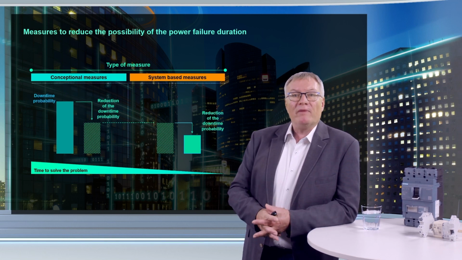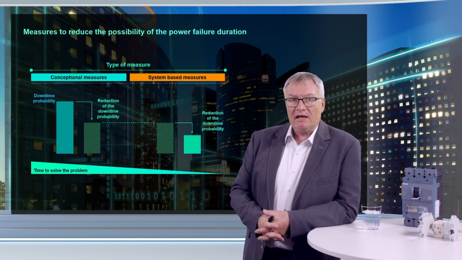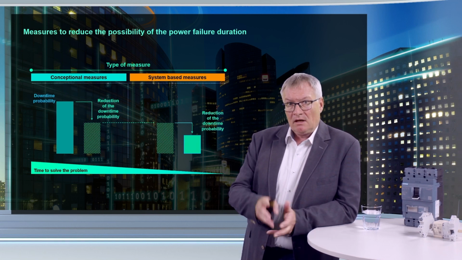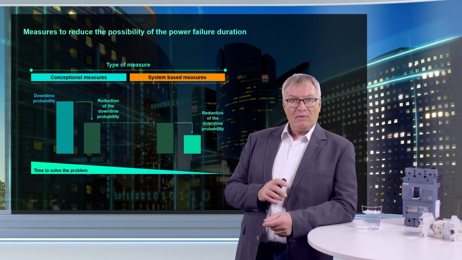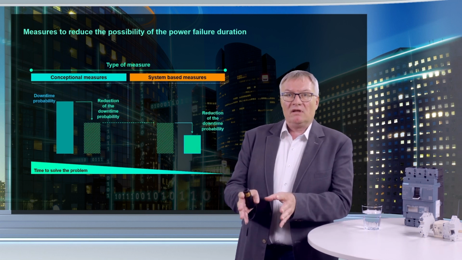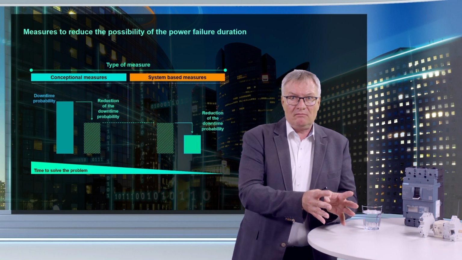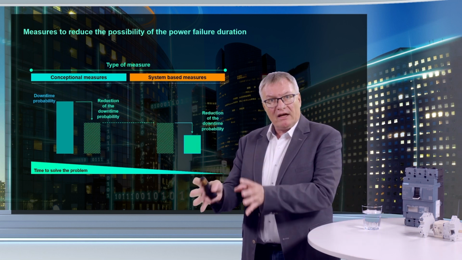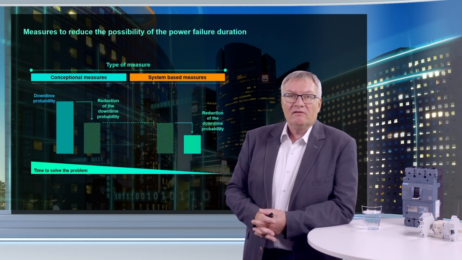The most proven and well-known means of ensuring the availability of technical facilities is redundancy. In the simplest case, this means that one system is accompanied by another system which takes over its function if the first system fails.